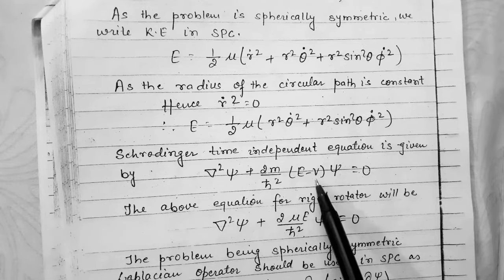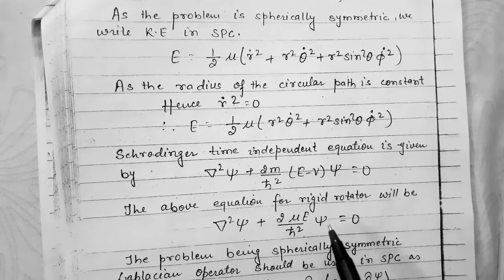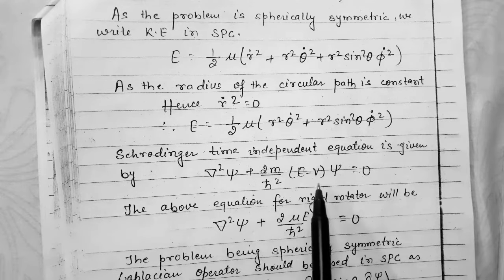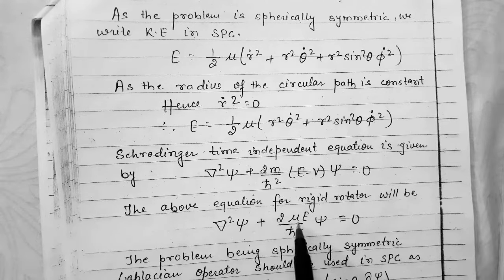The potential energy is always 0, so we are left with the total energy term. The E term will be taken for granted, and since V is 0, we are only left with 2 mu E.